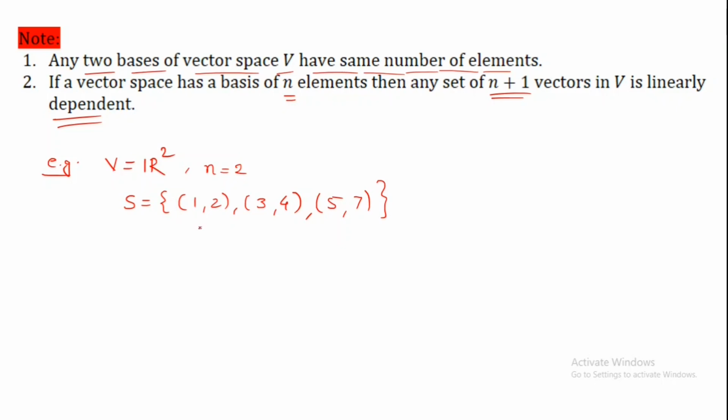Therefore any subset of R2 containing three vectors is going to be linearly dependent. This is the meaning of the second note.